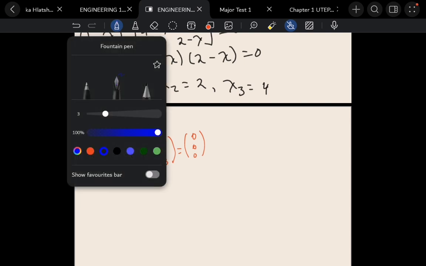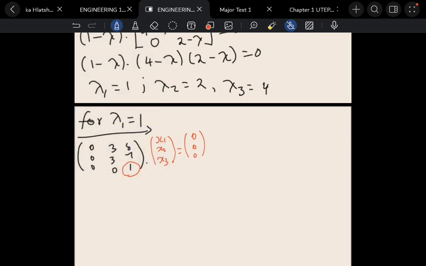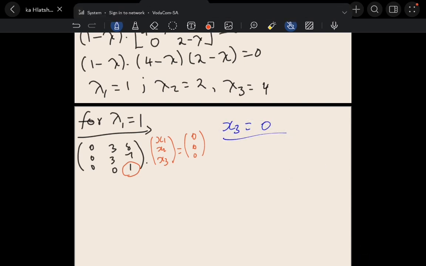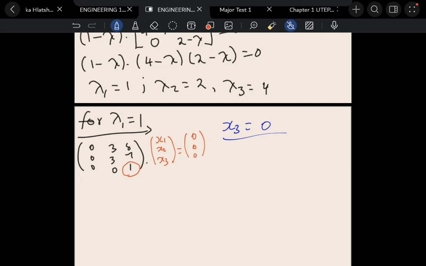We are going to say 1 times x3, which is x3, equals 0. Now we know that x3 equals 0. Because x3 equals 0, we are left with 2 rows, and in those 2 rows we are going to have 2 equations.